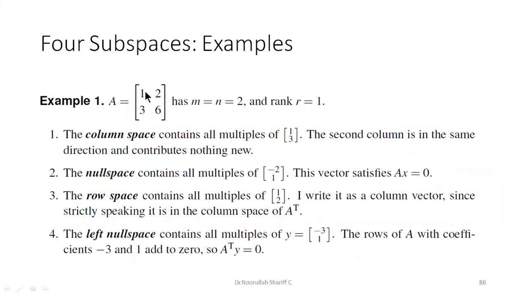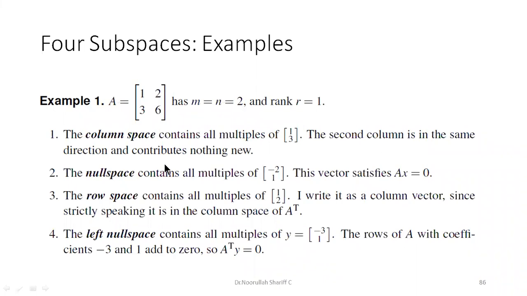If you multiply this column by 2, you will get this, so this is dependent upon this. There is no information within this; it doesn't contribute anything. This is sufficient. So the column space is multiples of 1, 3.